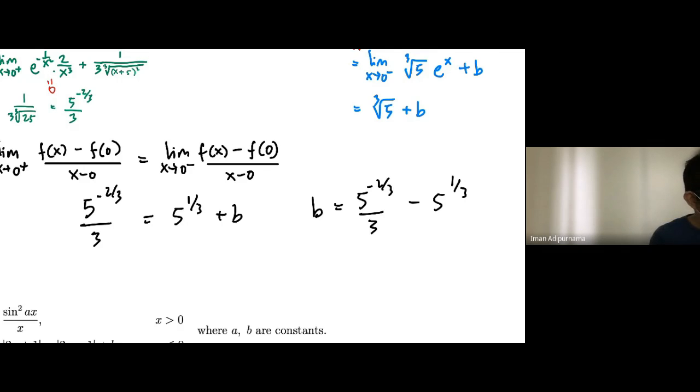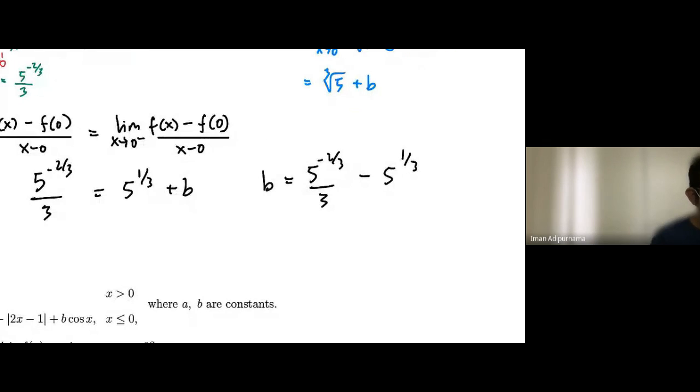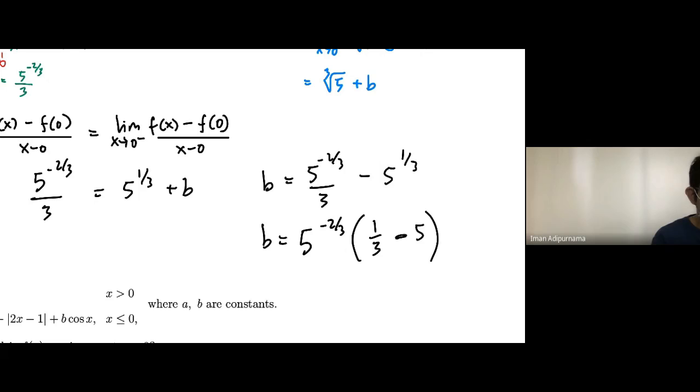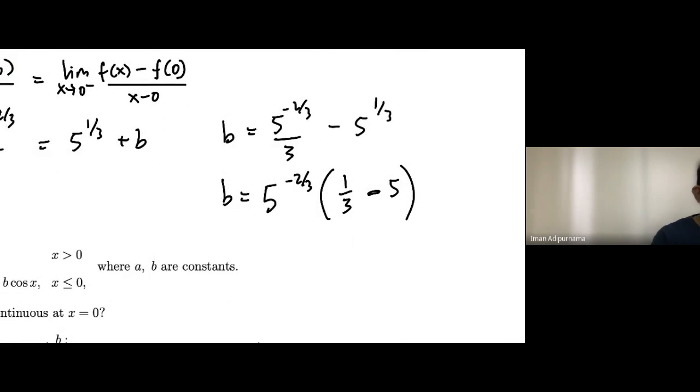If you stop here, that's okay. You still get the point. If you want to solve and make it simplified, you can also do that. This will be minus 5, and maybe this will be 5 minus 15 over 3, minus 10 over 3.